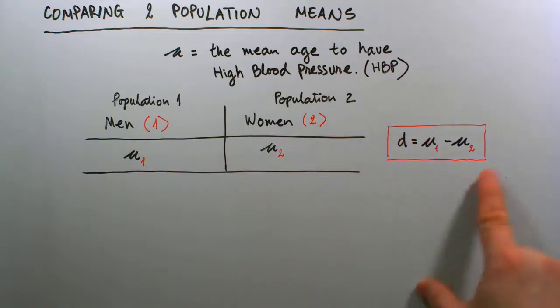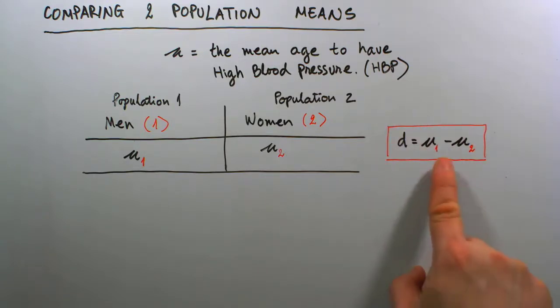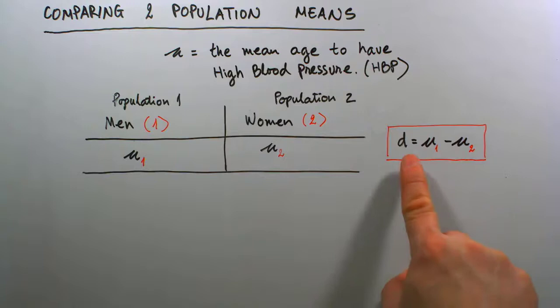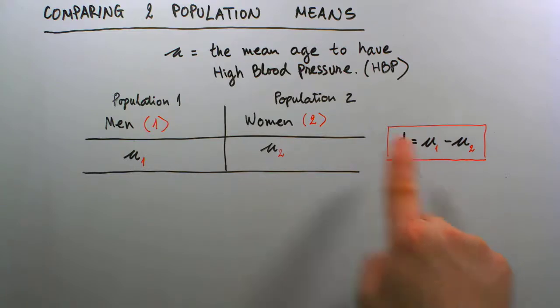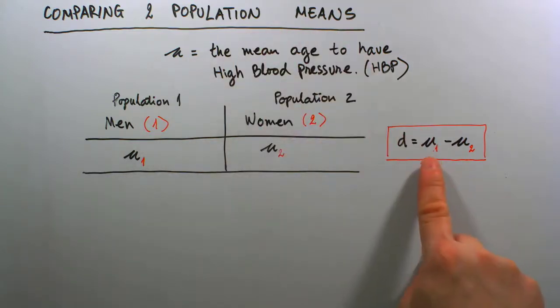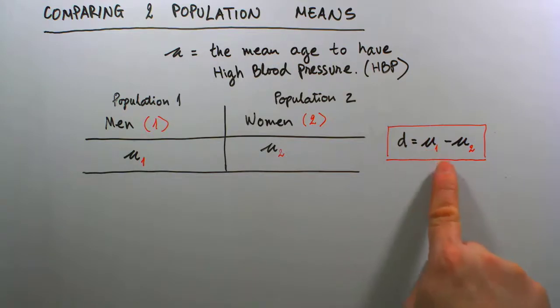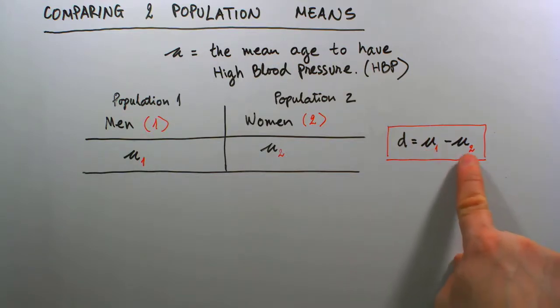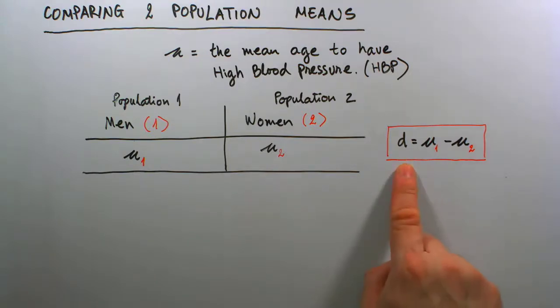Now I set this formula aside in a red box and emphasize that anytime we're setting up a difference between two population means, we must always go with the one that came out from population 1 minus the same parameter that came out from population 2. That's a permanent definition of our D. This D is the difference in two population means.